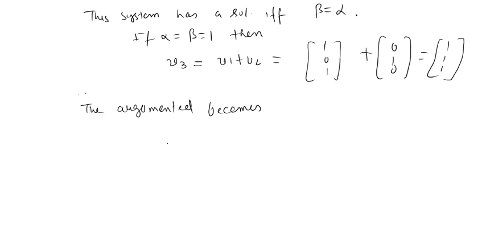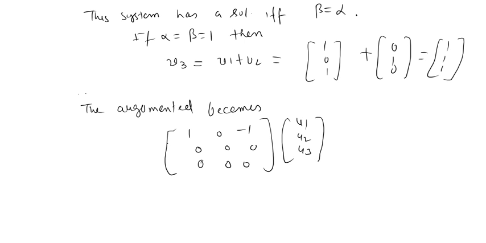I'm writing it in full: (1, 0, minus 1), (0, 0, 0), (0, 0, 0), with u1, u2, u3 and the right hand side minus 1, 0, 0.